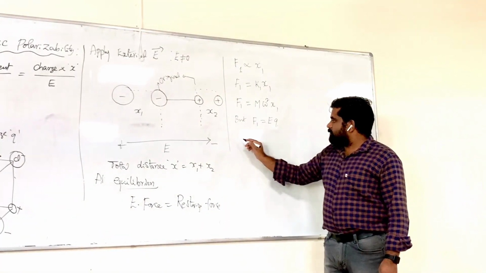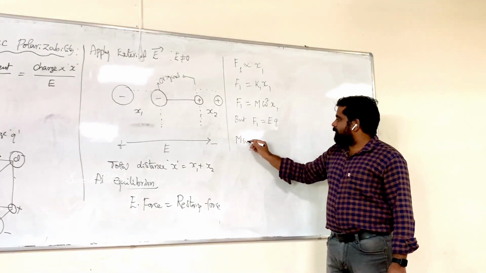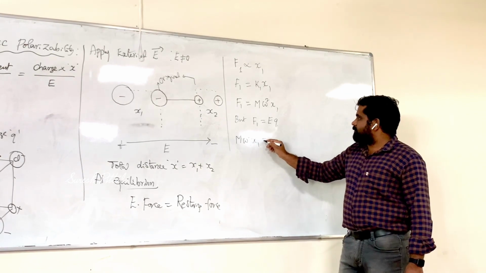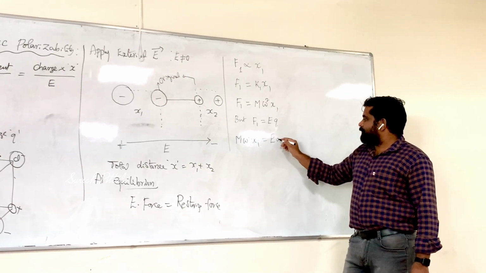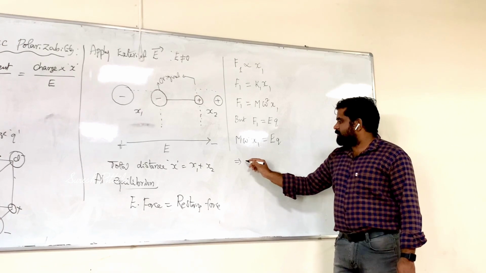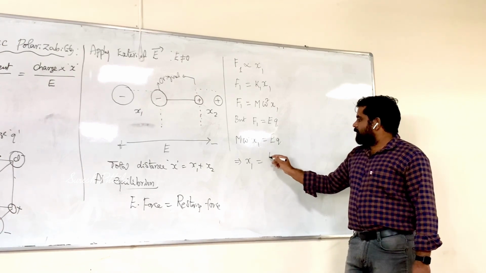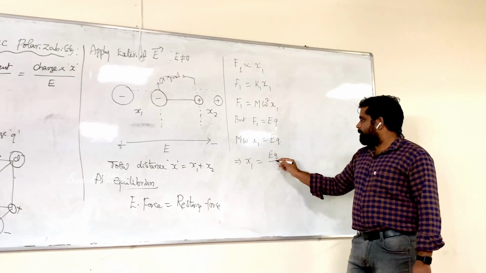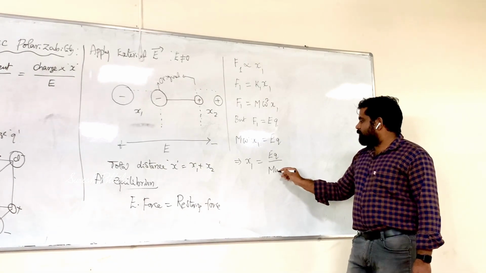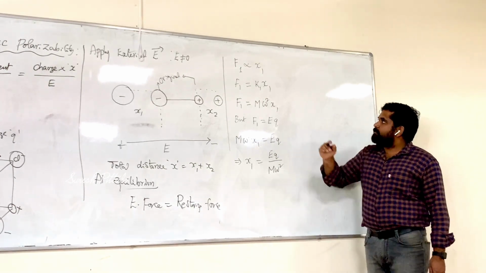So let us equate them. Capital M omega square x1 is nothing but E into Q. Therefore, your x1 is nothing but EQ by capital M omega square.